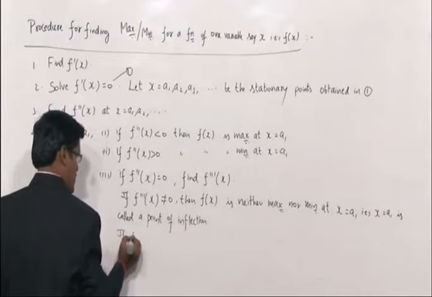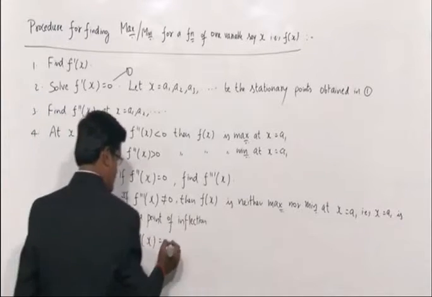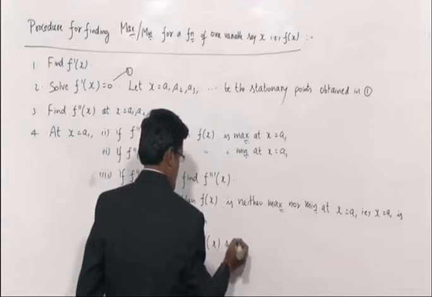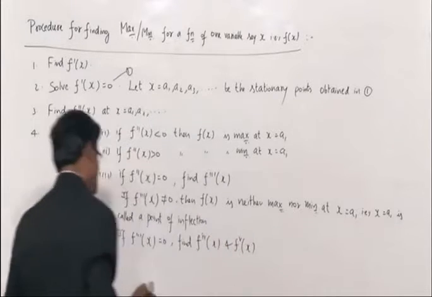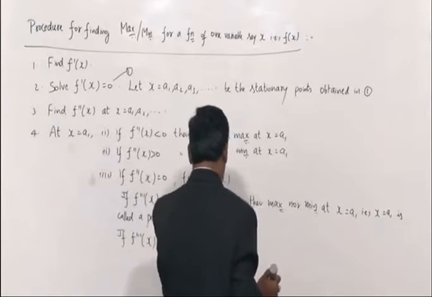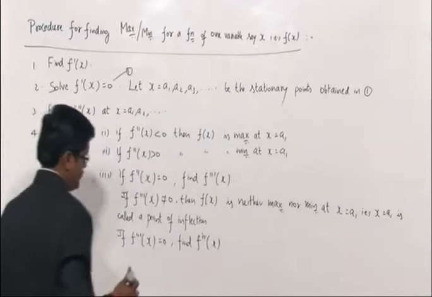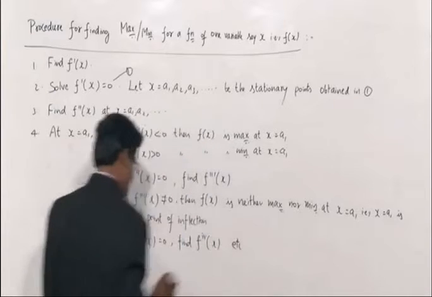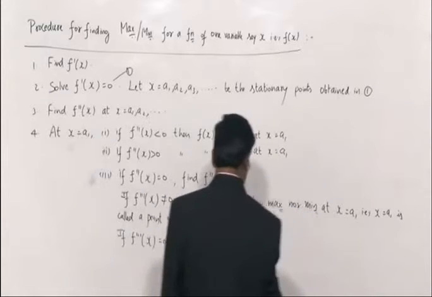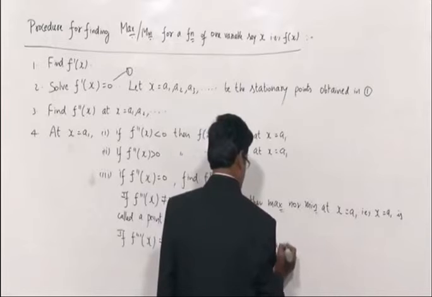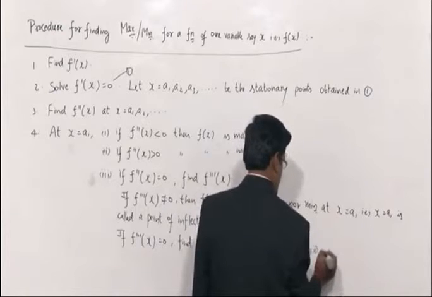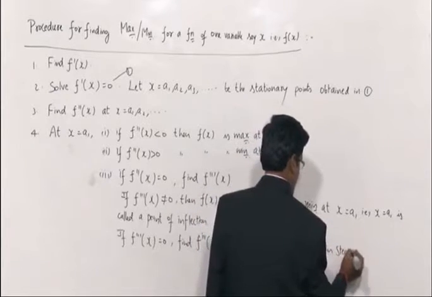If f third derivative is 0, then find f fourth derivative x and f fifth derivative x, etc. And apply 1, 2 in step 4.